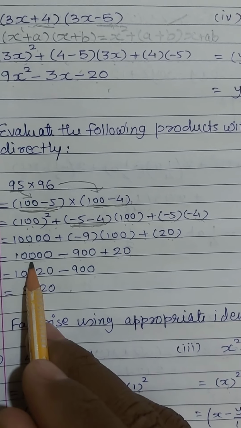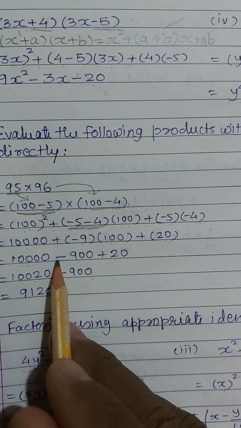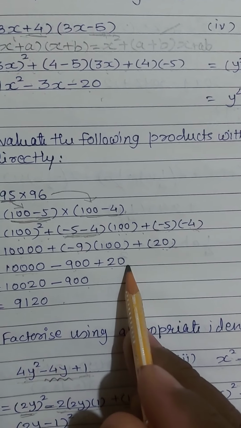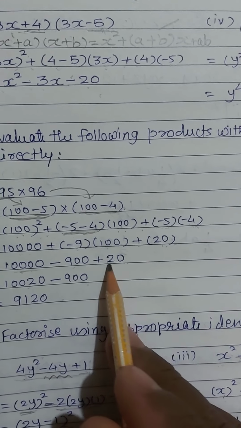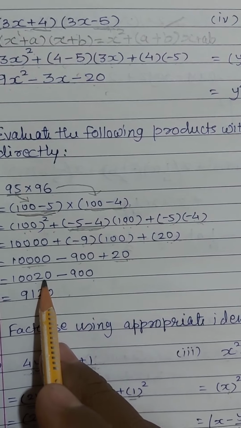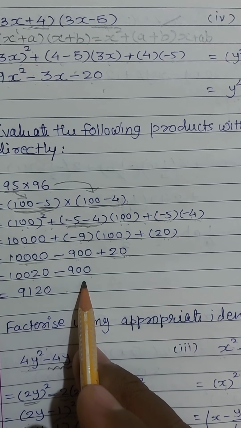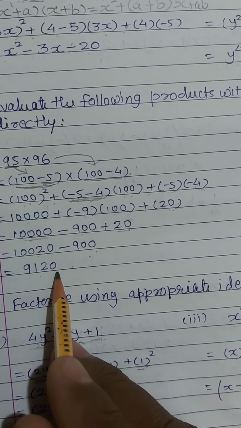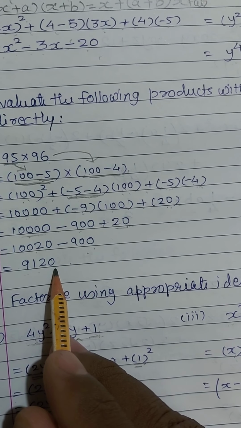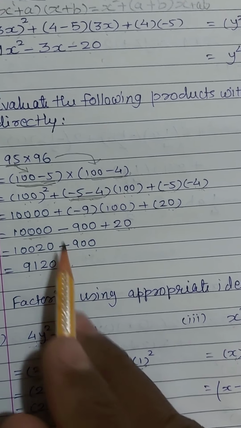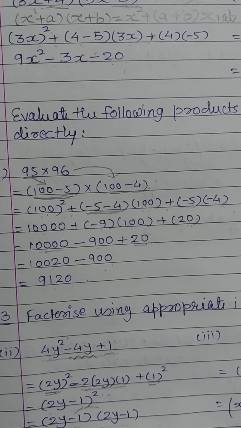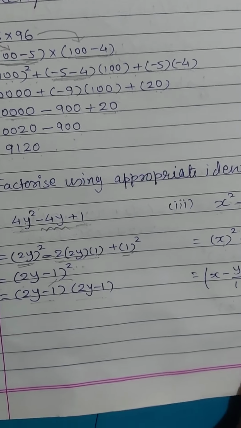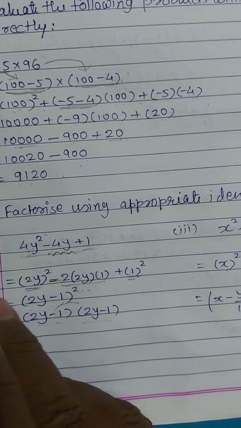Okay. 10,000 minus 900 plus 20. 10,000 and 20 are added first, so it will become 10,020 minus 900. So what we will have here? 9,120, which is the answer. Right? So this is the value of 95 × 96 by using identity. Right? Okay.